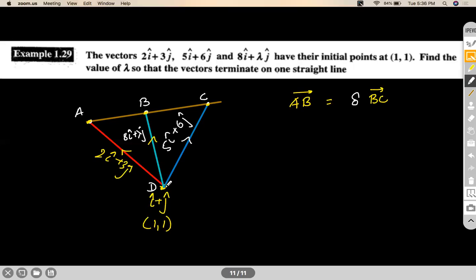So DA, DB, DC are three vectors, all starting from D only. They have different lengths, such that their endpoints all terminate on the same line. That is the question.